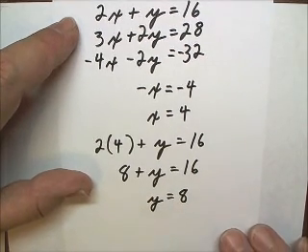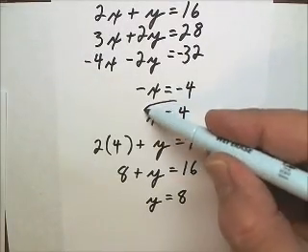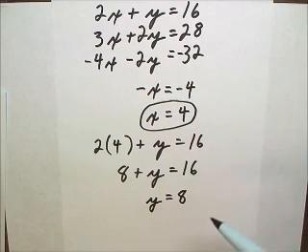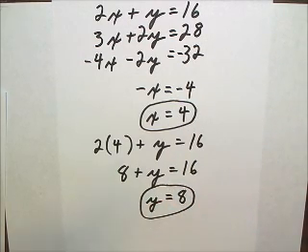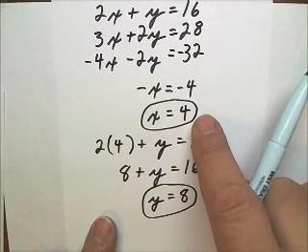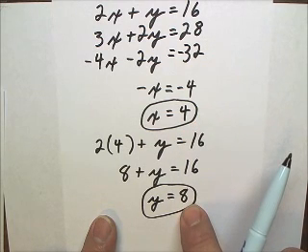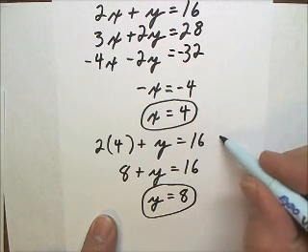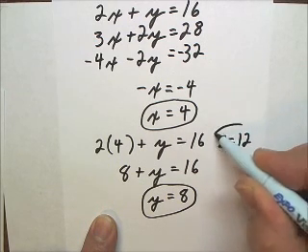That's subtracting 8 from both sides. So my first place finishers are 4, my second place finishers are 8, and it said that I had the same number of third place finishers as first and second combined. So that means z has to equal 12.